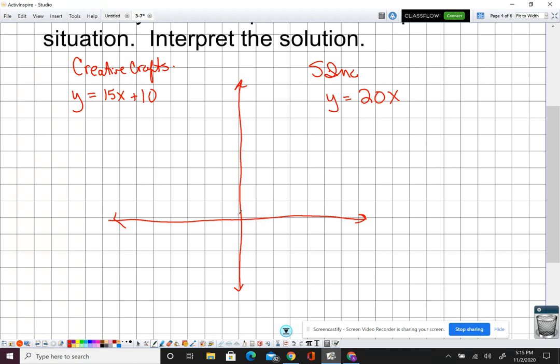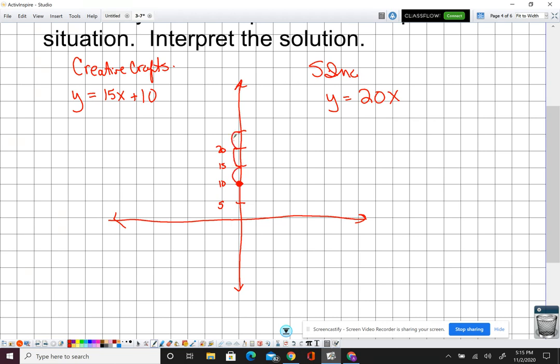So on my graph here, I'm going to go by 5s. So here's 5, 10, 15, 20. Okay, so Creative Crafts, my y-intercept is 10, and my slope is 15. So I'm going to go up 15 from 10, and that's going to take me up to 25.